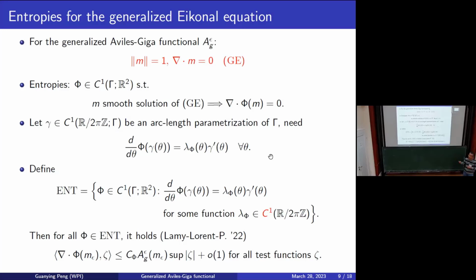But here, in fact, what we did was that we chose a transformation to transform the unit circle of this general norm to S1, and then we did calculations, and after the transformation, the vector field becomes something that is S1 valued, but satisfies a more general divergence-free condition, and then we did entropies for that in that setting. So morally, phi is extended on the normal to the gamma, like radial in the normals to the gamma.